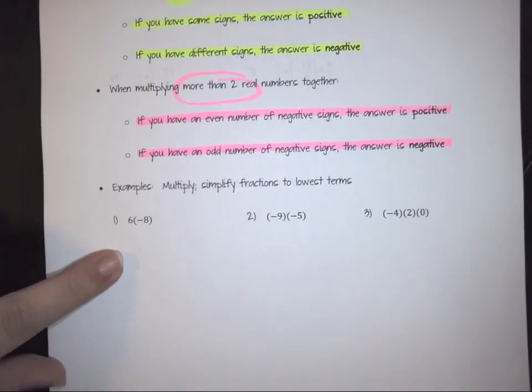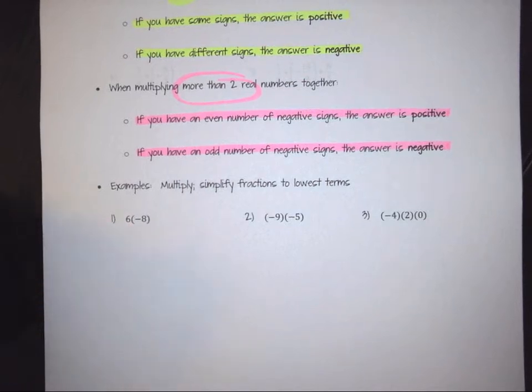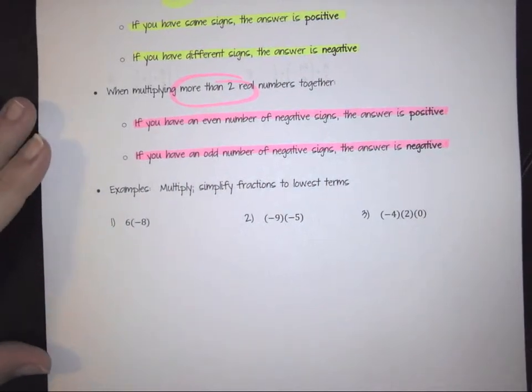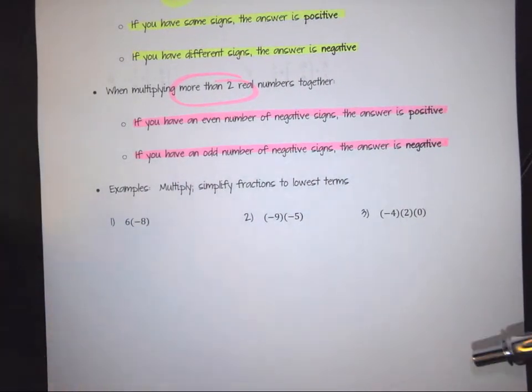So for example, I have the numbers 6 and 8. Now, I know way back in the dinosaur time when I went to school, we were taught little rhymes. For example, 6 and 8 went on a date and they came back with 48. Okay? Pretty simple, means that I can obviously multiply without a calculator.